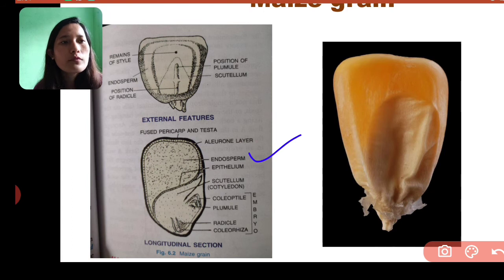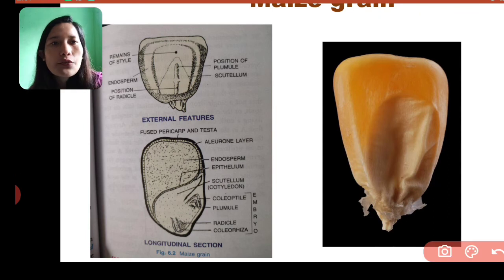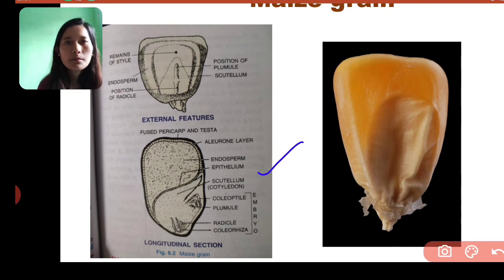Now in case of maize, you have only a single cotyledon, which is referred to as scutellum. In this cotyledon, you have an embryo attached. Just like dicot, the embryo has two regions, plumule and radicle. Plumule gives rise to the shoot system and radicle gives rise to the root system.